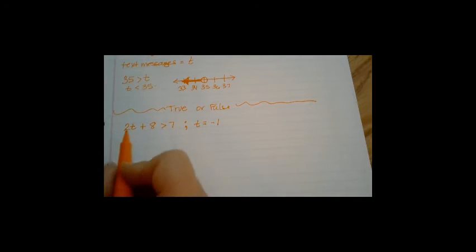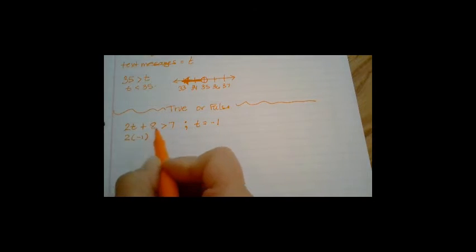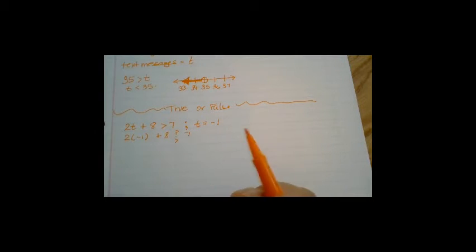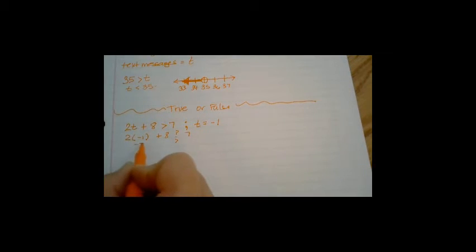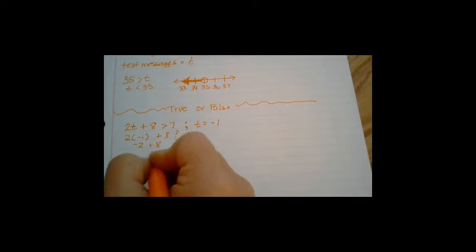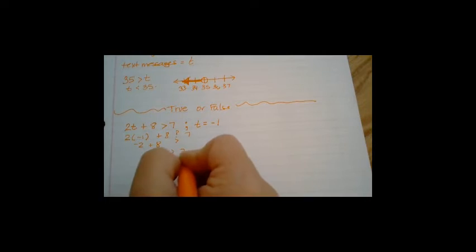So use the substitution property of equality, replace that into the variable's location, and we are going to see: is this true, that that value is indeed greater than 7? That gives me 2 plus 8, and so this gives me a positive 6 greater than 7.